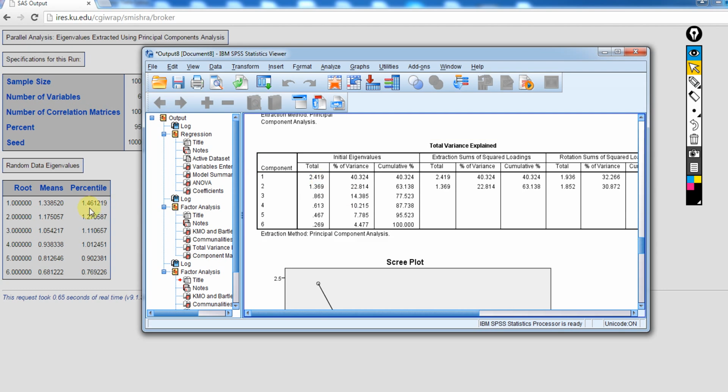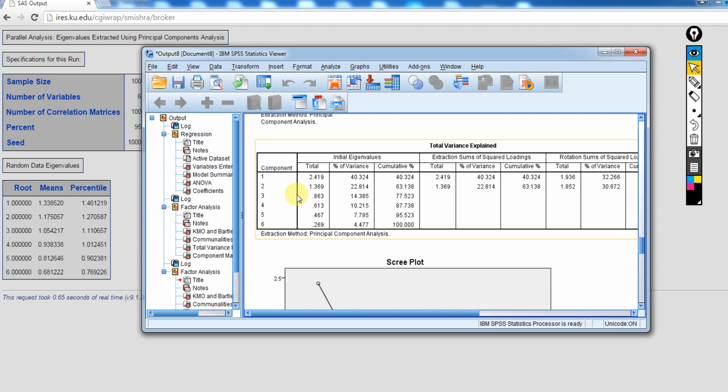So we know that we're going to at least retain the first component. The second eigenvalue is 1.369 from our data, and the random eigenvalue is 1.27. So once again, we're above a random process here. The third component eigenvalue from our data is 0.863, and that's actually less than the randomly generated eigenvalue. So that tells us we're going to make the cut at 2 components.